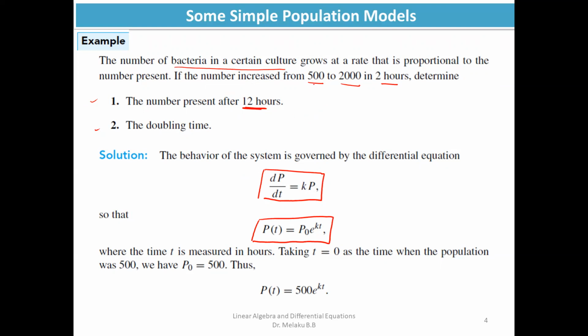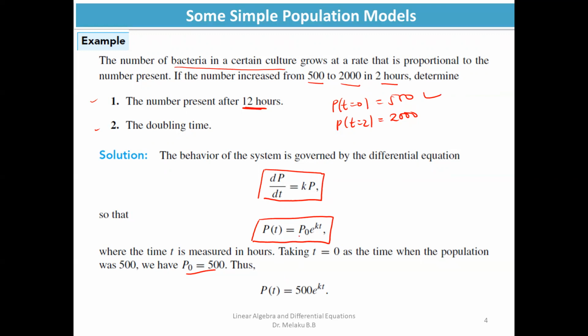Therefore P at t equals 0 is 500, and P at t equals 2 is 2000, because in 2 hours it says. So the time is in hours, therefore at t equals 0 the population is 500.